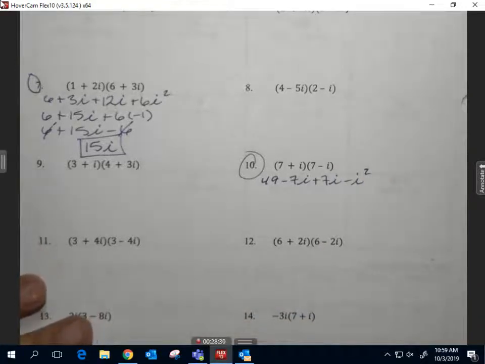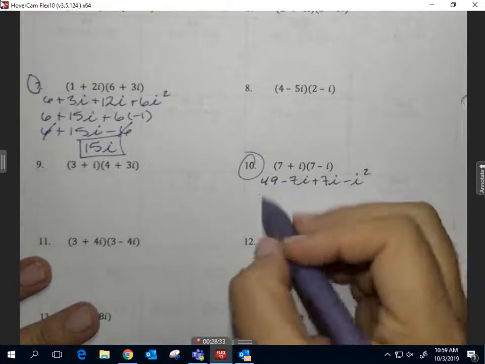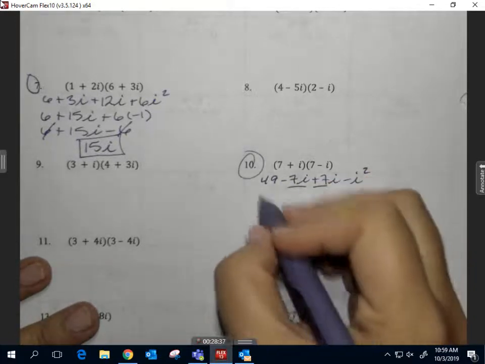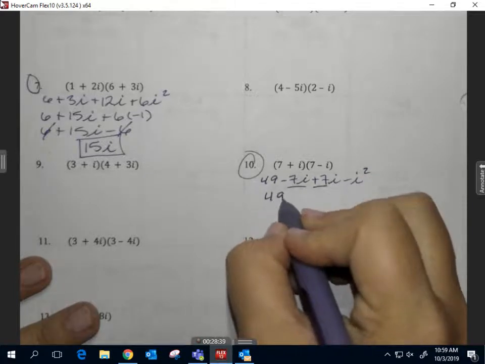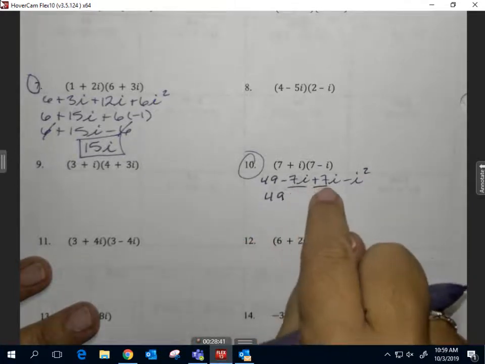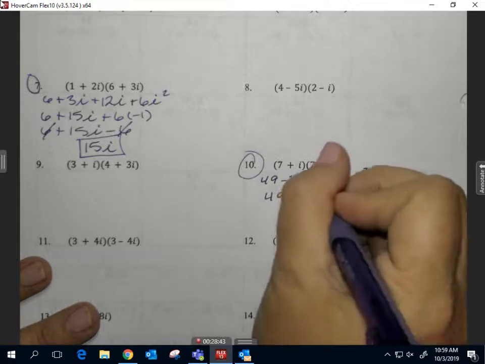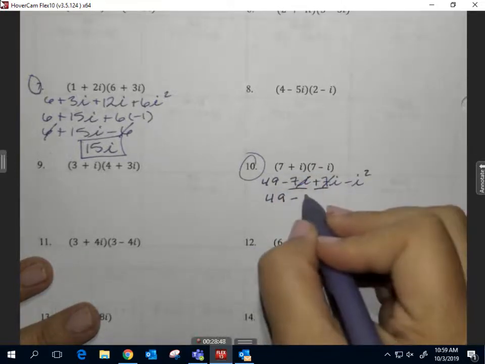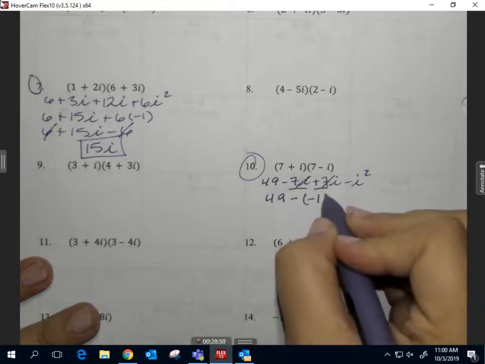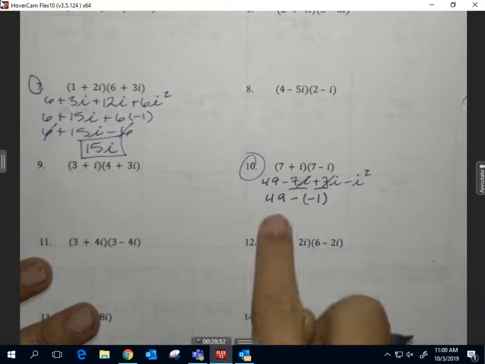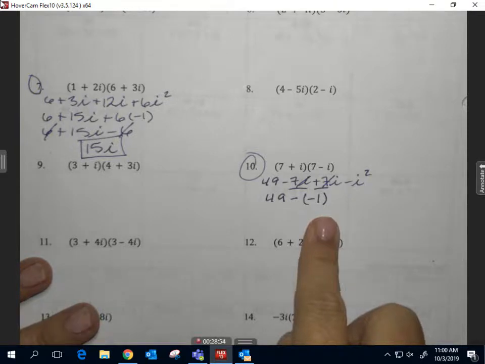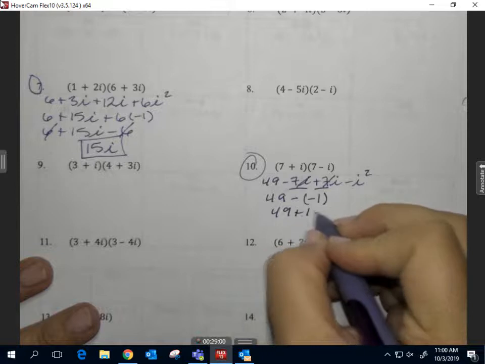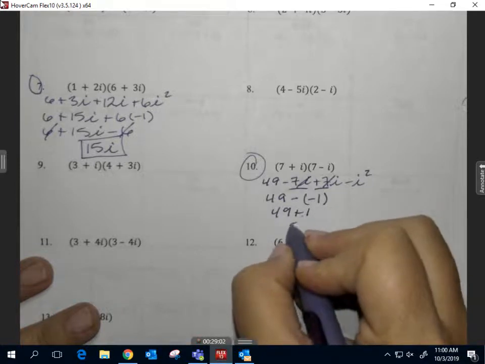A lot of i's, I know. That's kind of weird. Okay, so we're going to combine our like terms and then change I squared to a negative 1. So 49, what happens to negative 7i plus 7i? They too cancel out. Then we have minus negative 1. Look how I wrote that. Turned it positive. So now it becomes 49 plus 1, which is what, guys? 50.